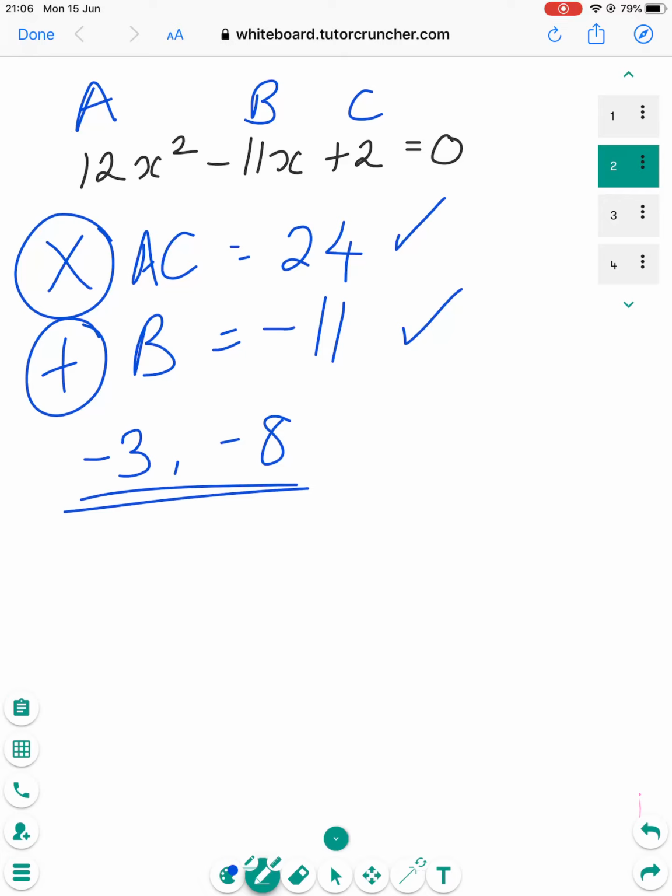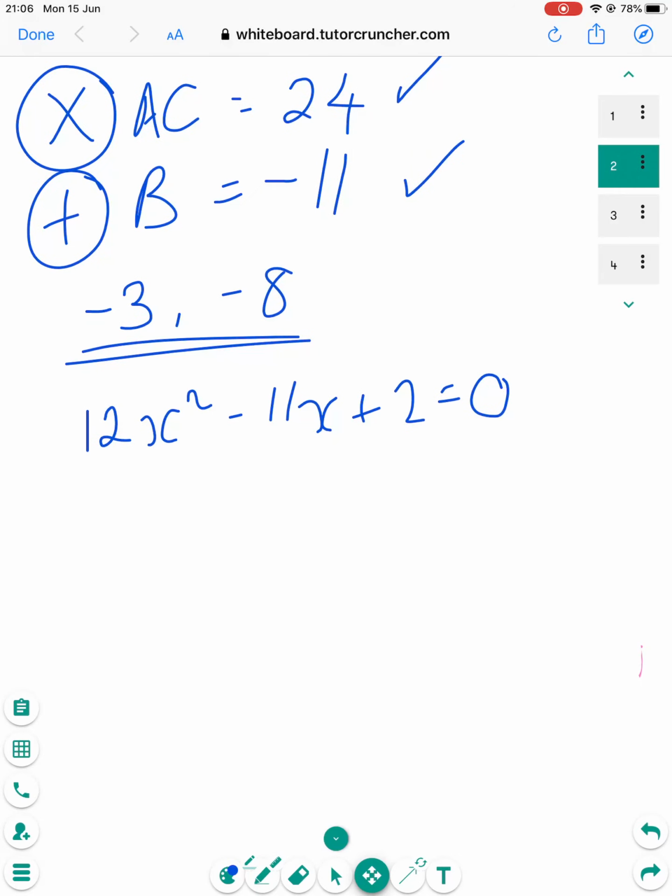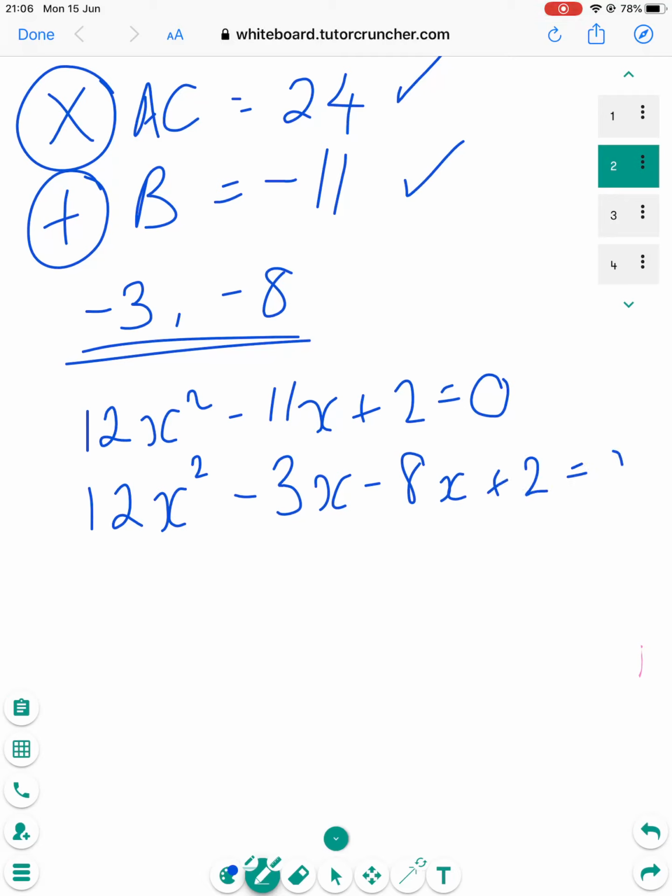Right, now the next thing to do is, as I said before, rewrite this original equation. So at 12x squared minus 11x plus 2, I'm going to rewrite this with those numbers that we just found. 12x squared, going to write that as 3x minus 8x plus 2 equals 0.